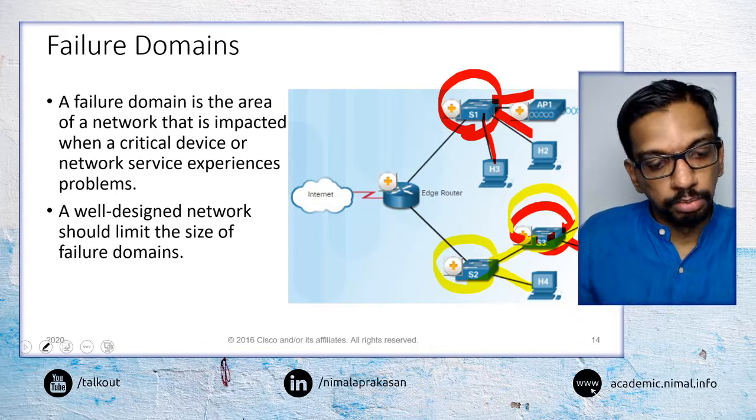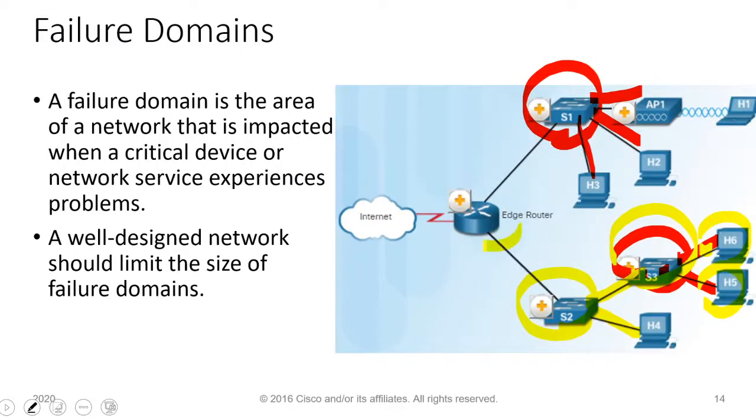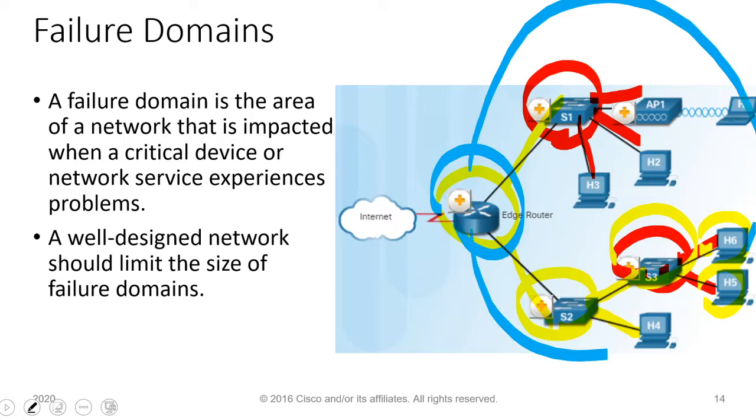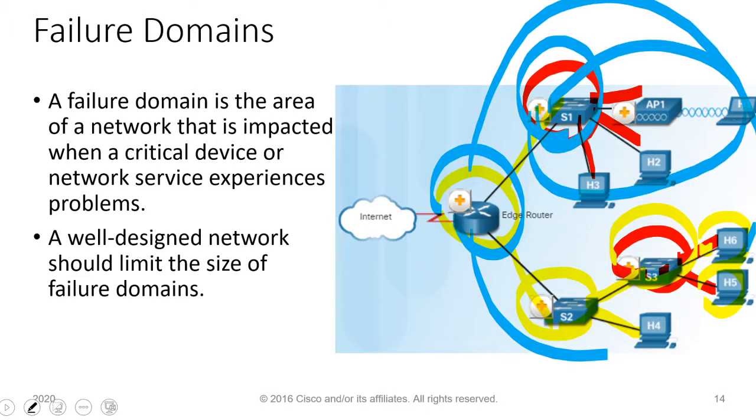And if the router fails, now all of these things are going to fail. All the connectivity from all of them is going to fail. So that is the failure domain. So the failure domain for this particular router is all these devices, whereas for this switch it is these devices, and so on.